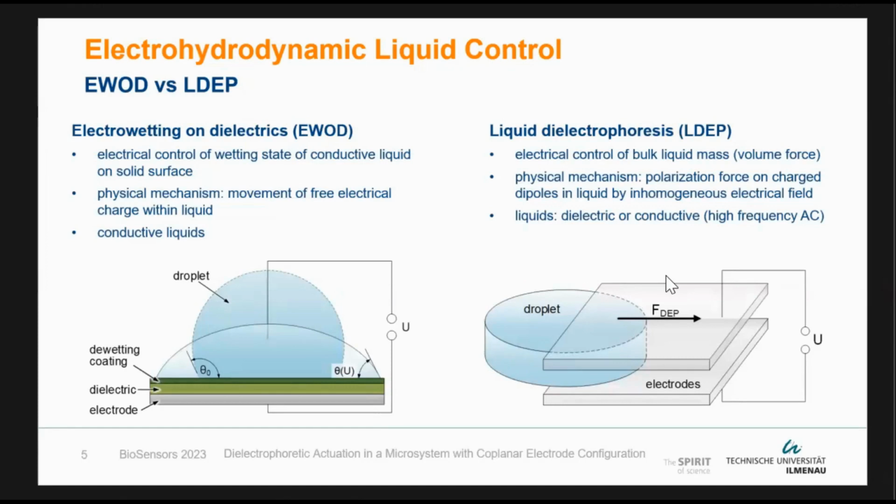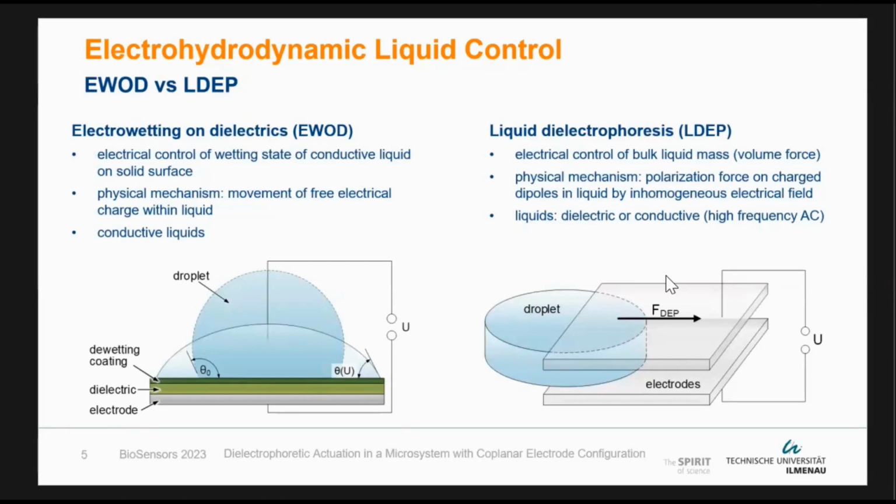And then we can also actuate these liquids like a dielectric. So now, if we introduce an inhomogeneous field to our dielectric liquid, the dipoles that might be permanently in the liquid or induced by the electrical field see a force which drags our liquid towards the higher electrical field intensity.